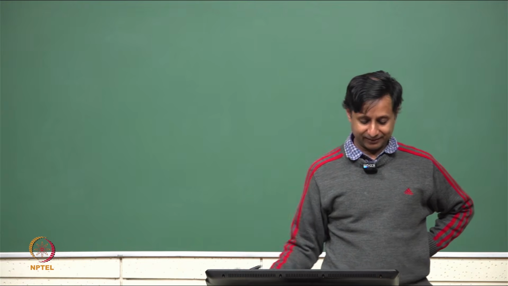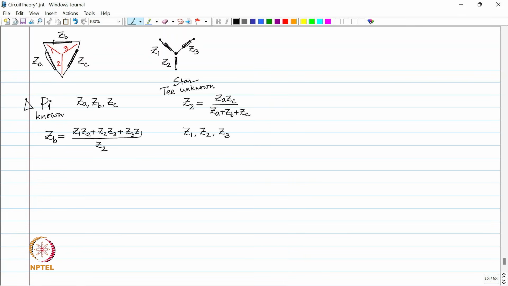If you look at, instead of looking at ZB, if I look at YB, what is YB equal to? It is equal to Z1 Z2 plus... But let us multiply numerator and denominator by y1, y2, y3 just for fun.